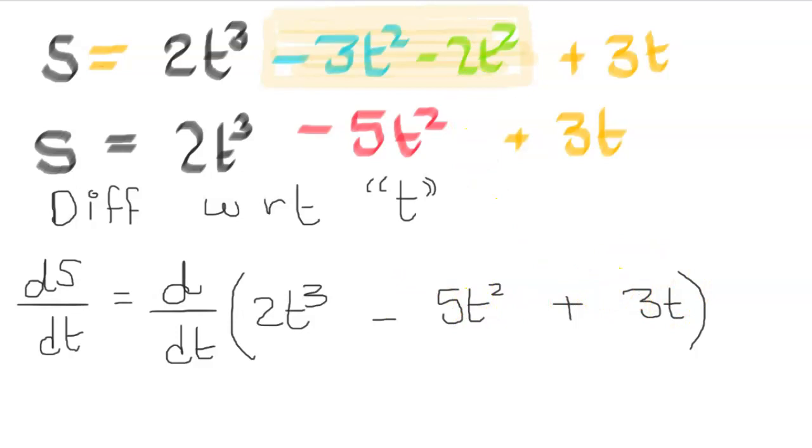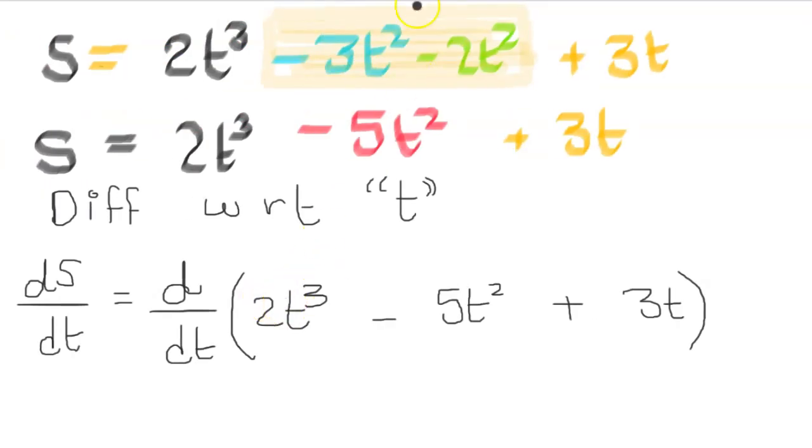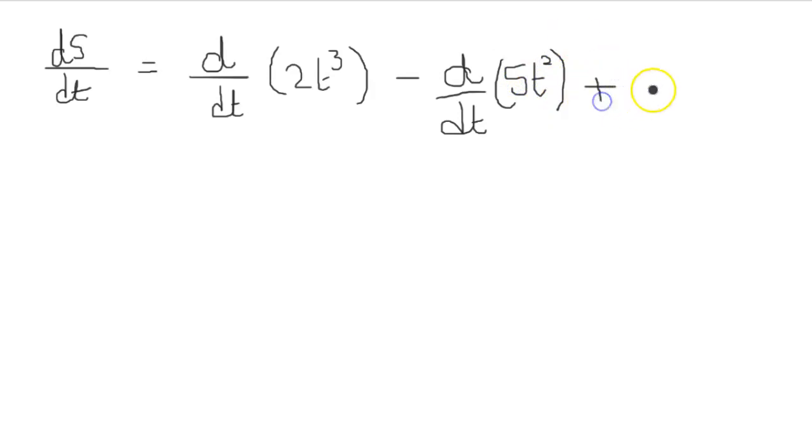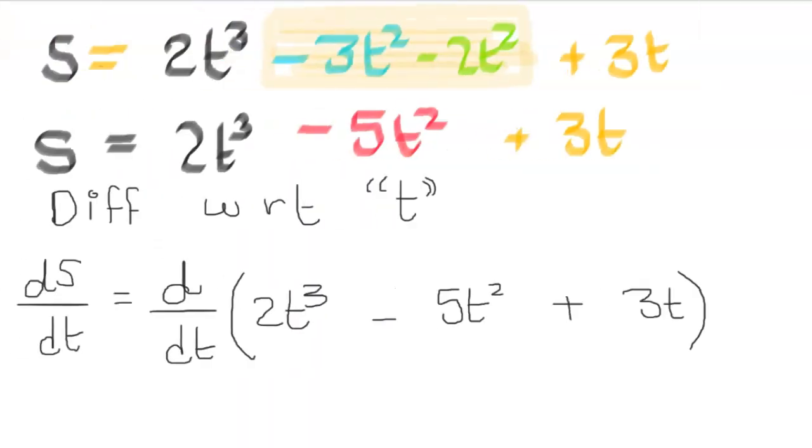So I got ds over dt equals d over dt of the first term, which is 2t cubed, minus d over dt of the second term, which is 5t squared, and then plus d over dt of the last term, which is 3t.